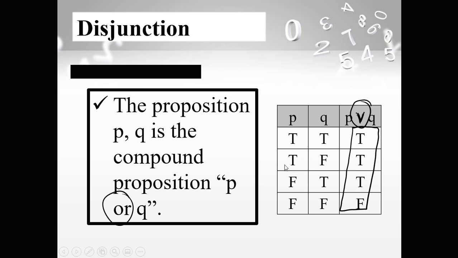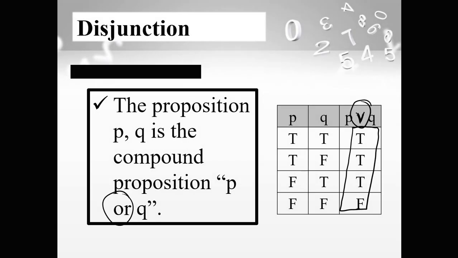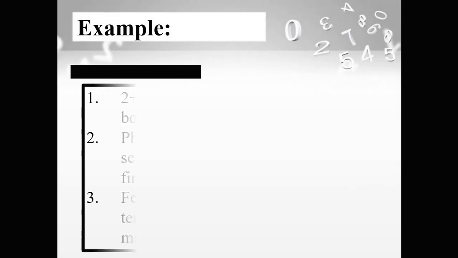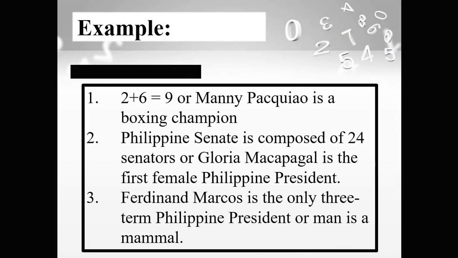Dito naman, kay disjunction, kapag parehong false ang statement mo, final answer will be false. The rest, true. So, meaning po, if merong isang statement na true, ibig sabihin, final answer will always be true. And if your first and second statement are both false po, final answer will be false. Okay?